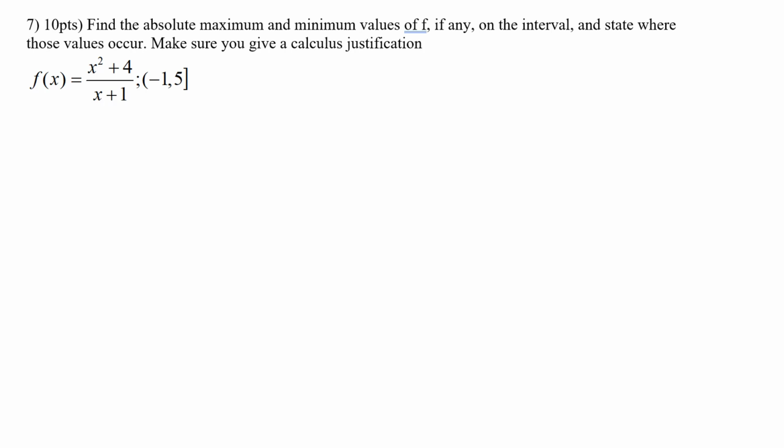A continuous function on a closed interval is guaranteed to have an absolute max and an absolute min, and you also know where to look. You look at the endpoints and at the critical points, right? This is not that because it's not a closed interval, but we can still find the absolute maximum and absolute minimum values of f, if any, on the interval.